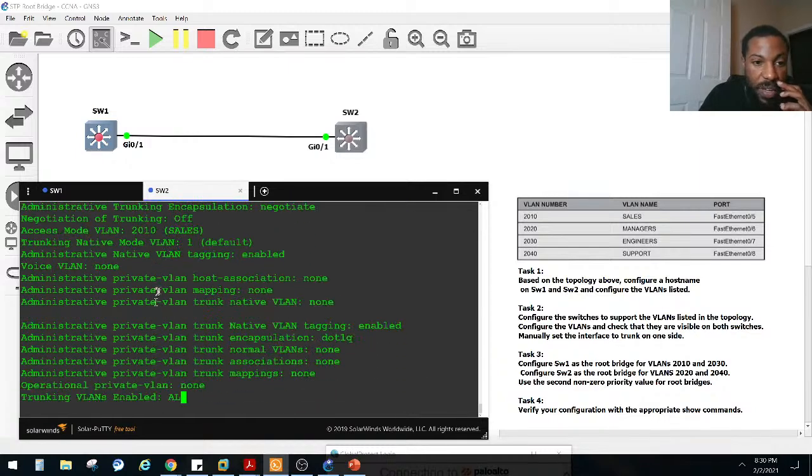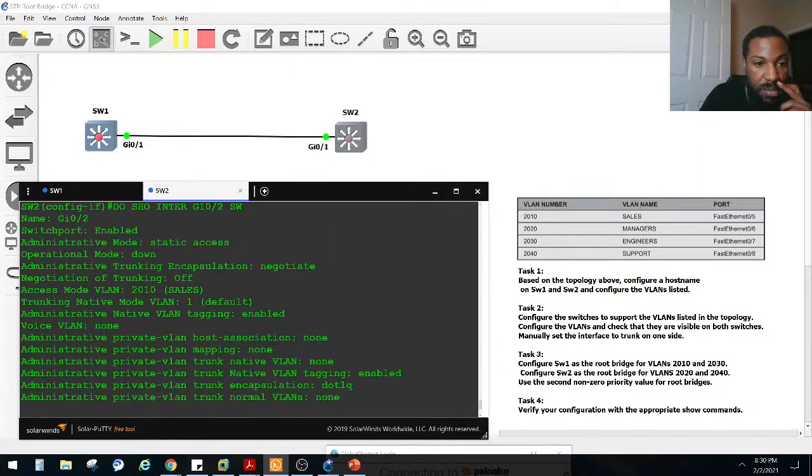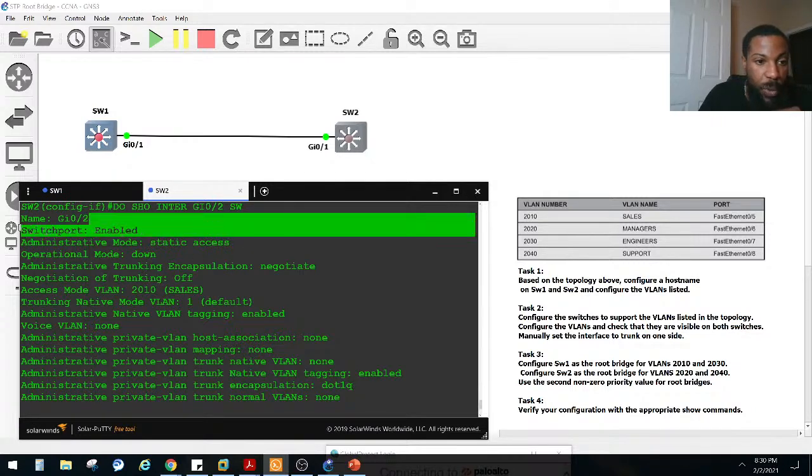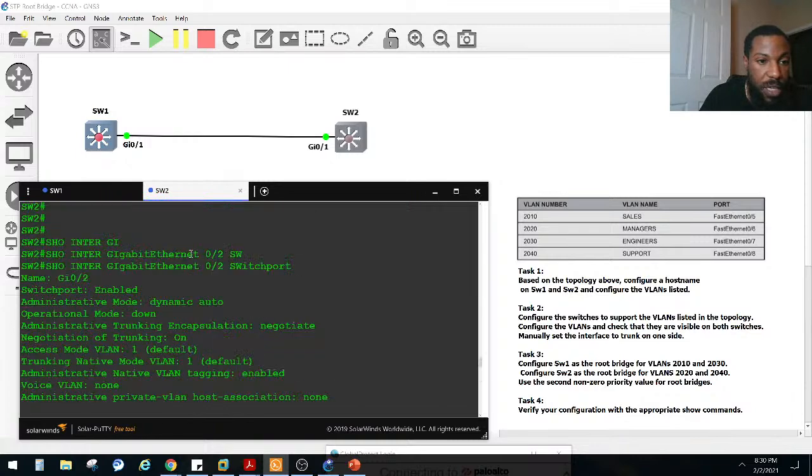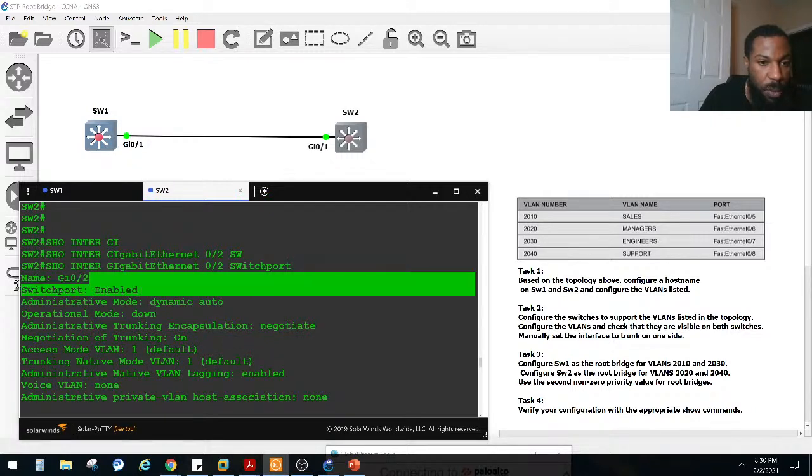And now it's showing static access. Whereas before, okay, so switchport enabled. I'm glad you got me to use that command there, Kelvin. So by default, switchport is not on. Oh, yeah, switchport is enabled. No, let me see. Is that what it was? Operational mode down. Okay, so switchport was enabled.